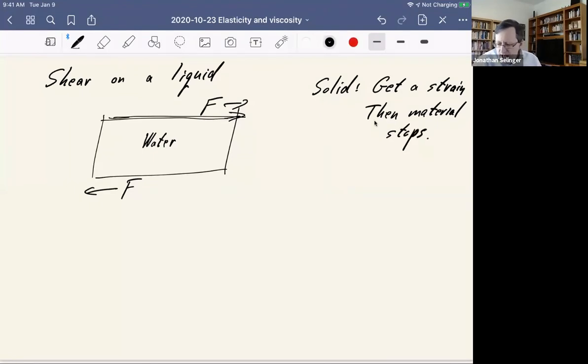That is, after a certain strain, a certain distortion, there's no more distortion as a function of time. But by comparison, in a liquid, the material just keeps flowing.